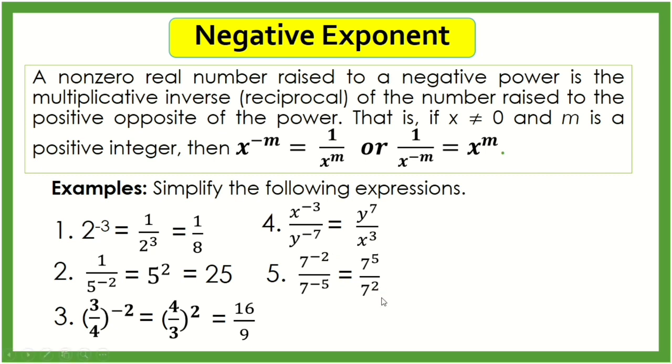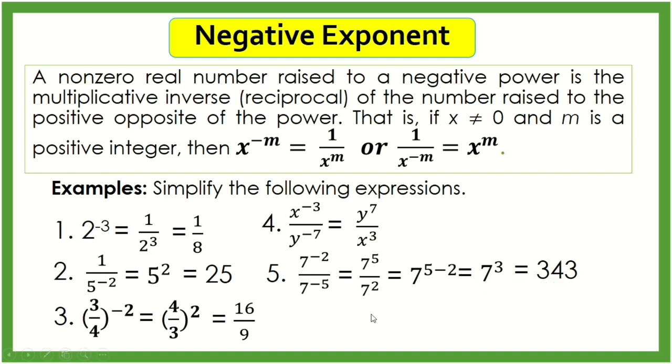Apply natin yung quotient rule. Okay, so since parehas sila ng base, which is 7, kopyahin natin. And then, subtract natin yung exponent, 5 minus 2. So, we have 7 cubed. 5 minus 2 is equal to 3. 7 cubed is equal to 343. 7 times 7 is 49. Times 7 is equal to 343.